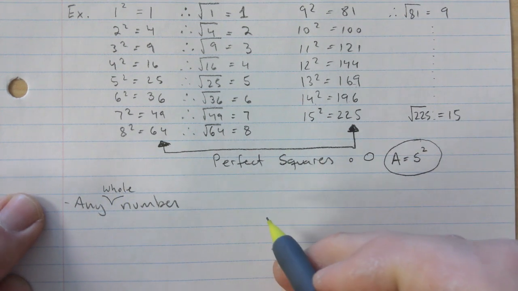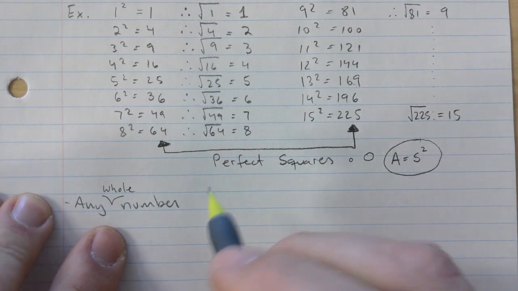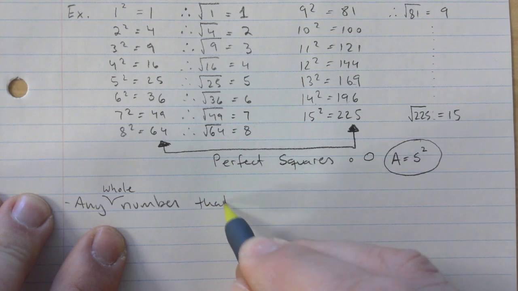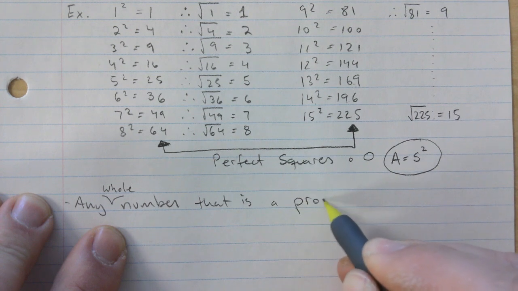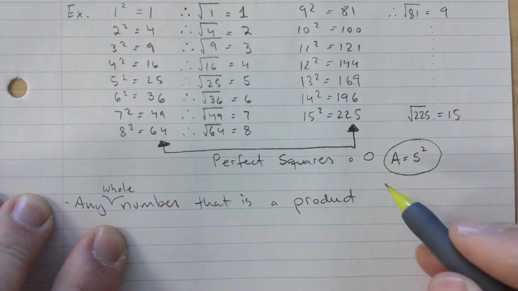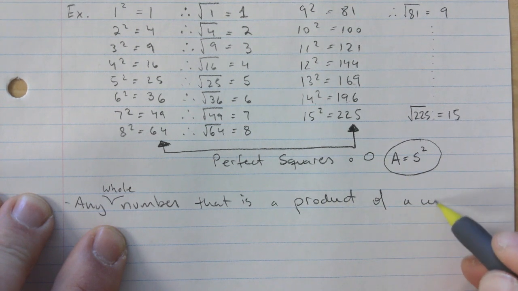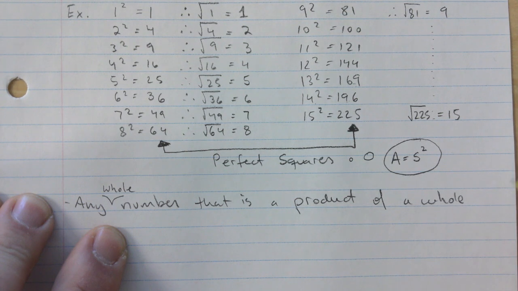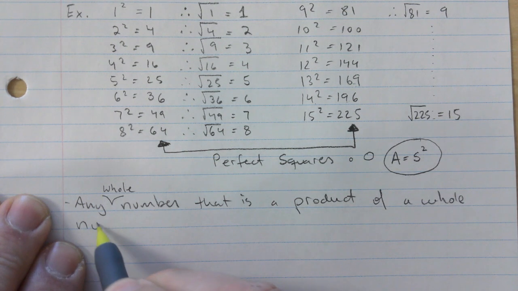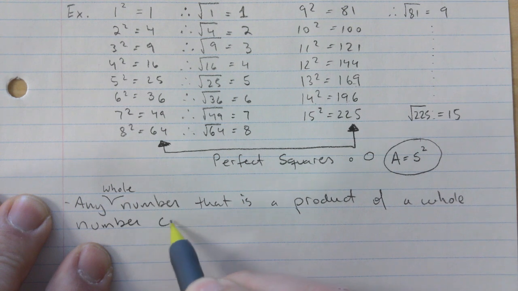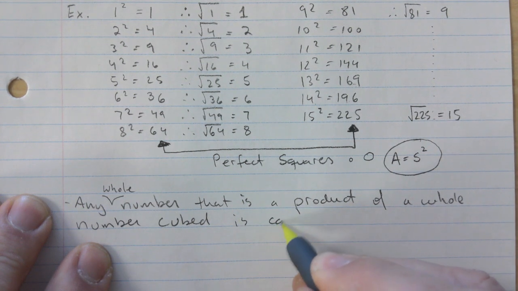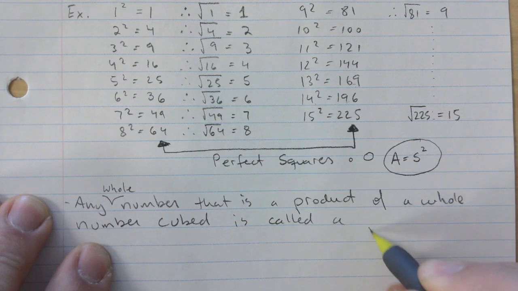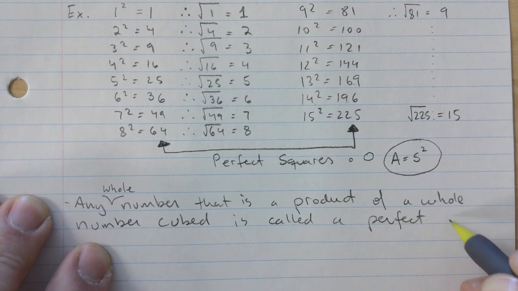Whole numbers that is a product of a whole number cubed is called a perfect cube.